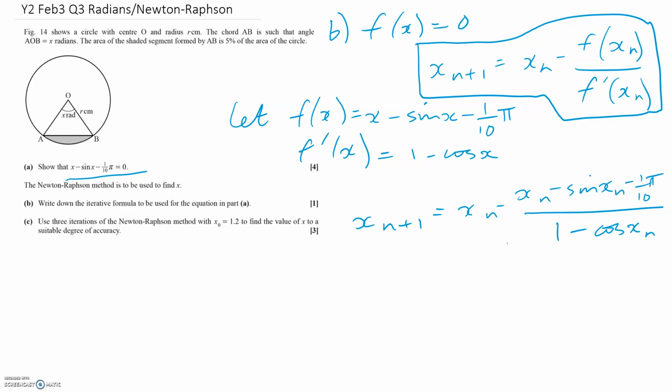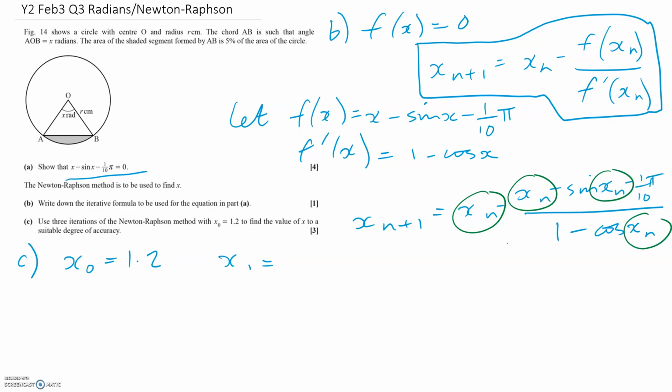So that is the Newton-Raphson formula we could use. In part C, we then have to actually carry out the iteration with a starting value of 1.2. We need to put 1.2 in wherever we see an xn, so we put 1.2 instead of all of these values.